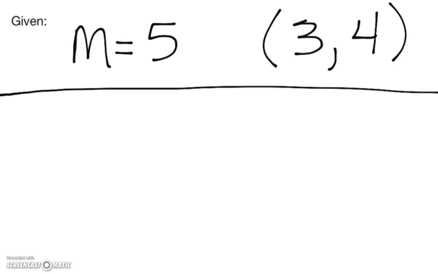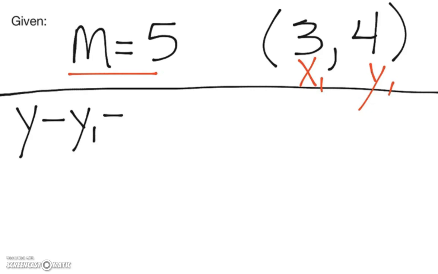For example, here I've been given a slope, m equals 5, and a point, 3, 4. Okay, now we're ready to get started. First, I want to label my 3, 4, my ordered pair, as x1, y1. I always label them to be sure that I don't accidentally plug the wrong number into the wrong place. Now we're ready to plug our numbers into our formula.